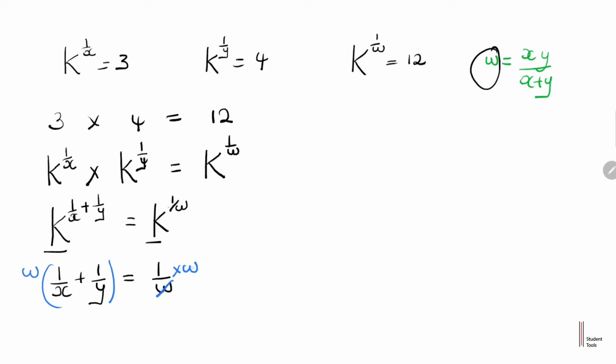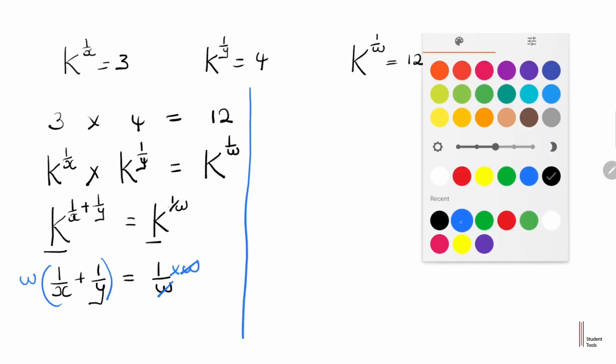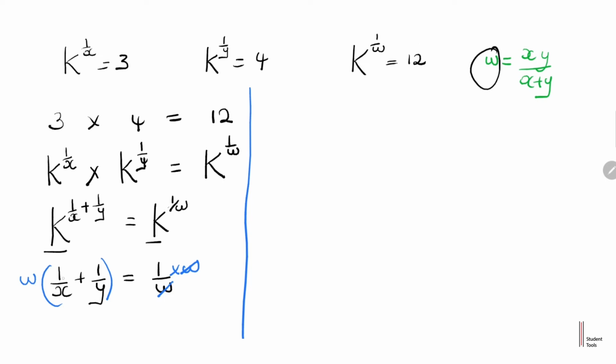So this will cancel this, and this side, let us write it on the other side because we will no longer have space. So w multiplied by 1 over x, that is w over x. And then w multiplied by 1 over y, that is plus w over y, equal to positive 1. So now we have this x and y.